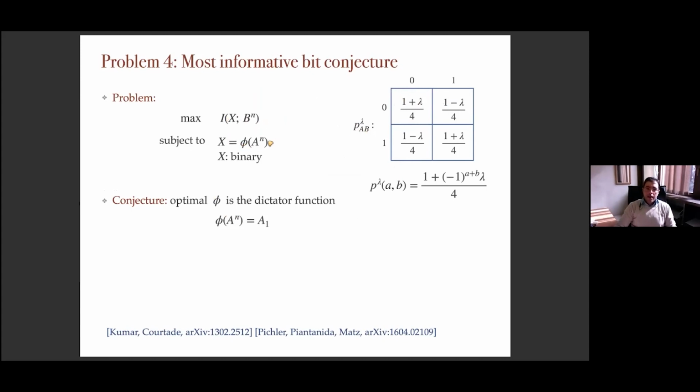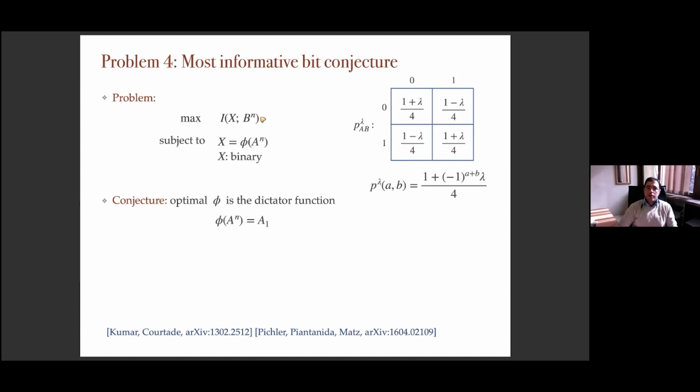And then Alice applies some function on her input A^n to produce a single bit. So here I'm assuming that X is a single bit. That's important. So Alice receives n bits and then applies a function to produce a single bit.